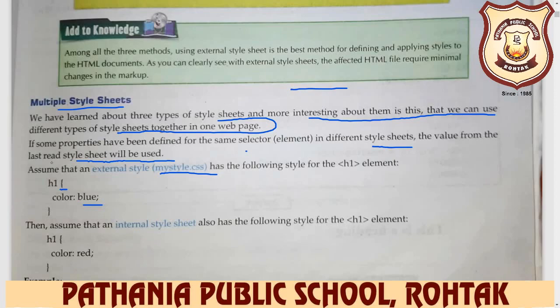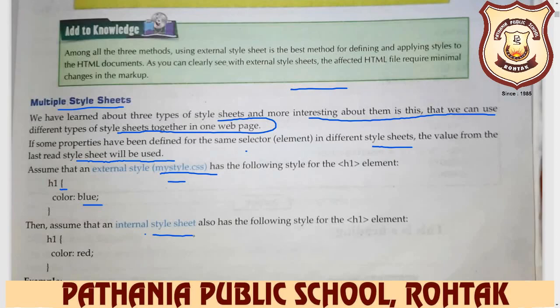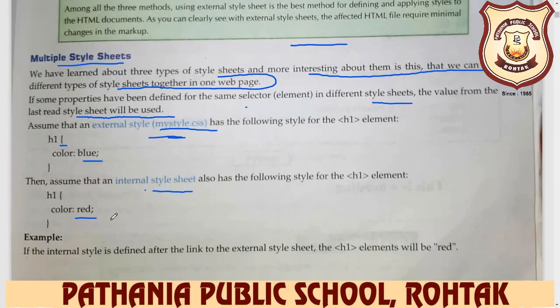Here we define color is blue in the external style sheet. Then assume that the internal style sheet also has the following style for the heading 1 element: color red. In the external style sheet the heading color is blue and in the internal style sheet the color is red.